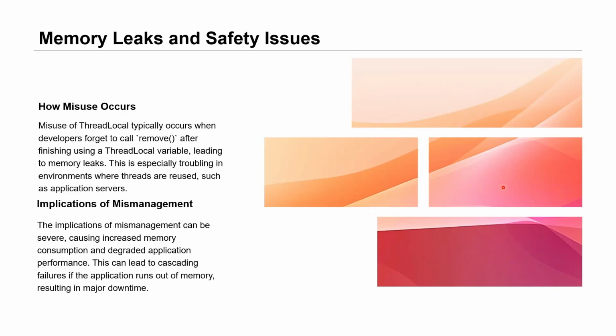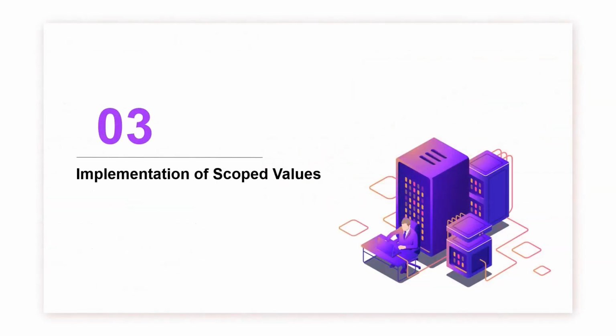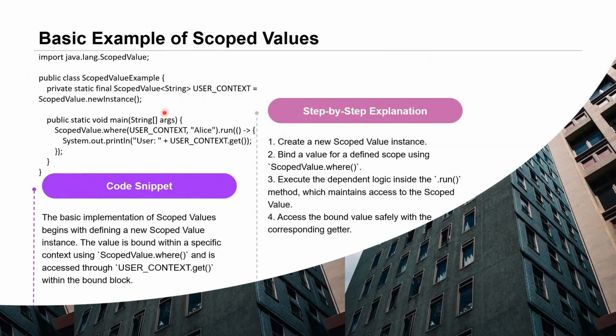Now we will talk about the implementation of scope values, so how we are going to implement this. Here, for creating the values, we need to create a new scope value instance using ScopedValue.newInstance. Then we bind a value for a defined scope using ScopedValue.where. Here we need to provide the context and the value. Then execute the dependent logic inside this run method, which maintains access to the scope value.